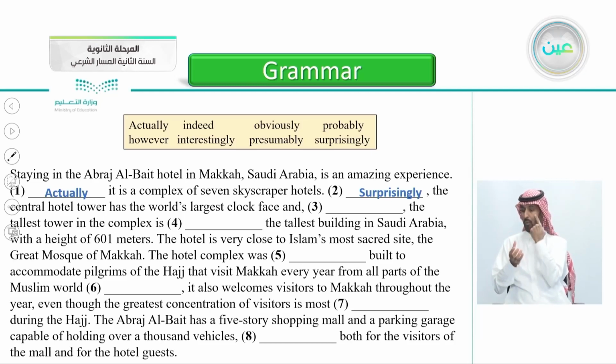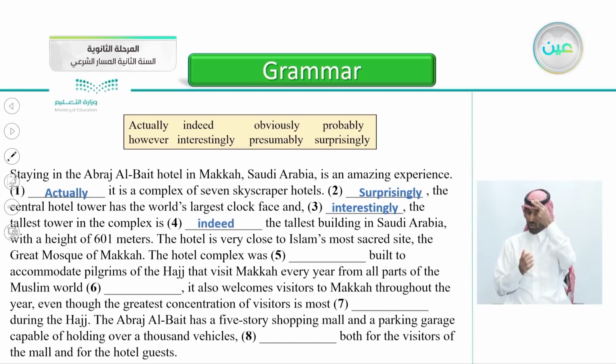So, number 3, and yes, interestingly, the tallest tower in the complex is, that's correct, number 4, indeed, the tallest building in Saudi Arabia. So, interestingly means something that interests you. Indeed, something that you are sure about. The tallest building in Saudi Arabia, with the height of 601 meters.